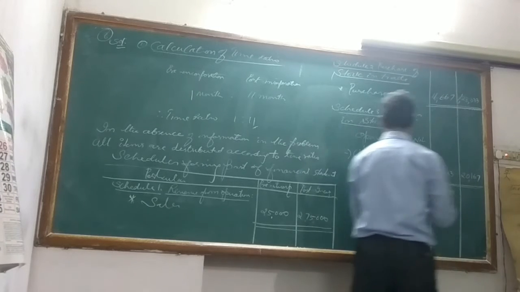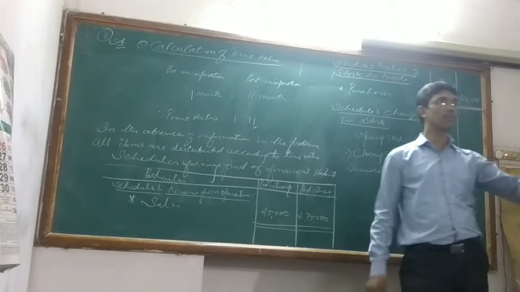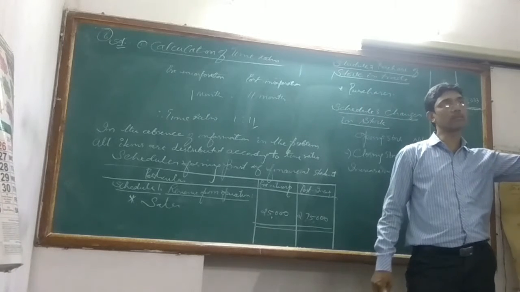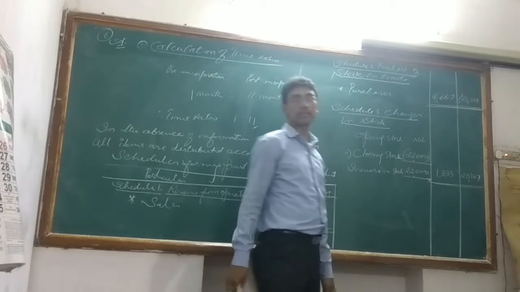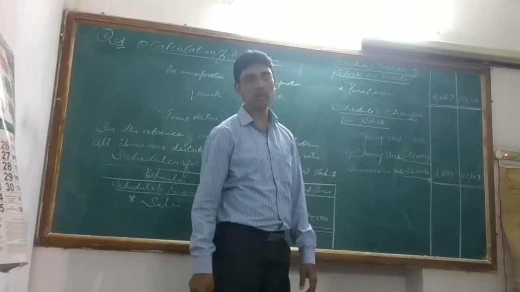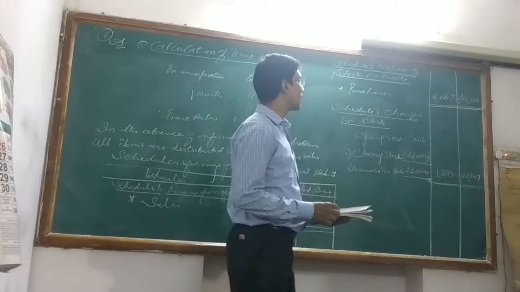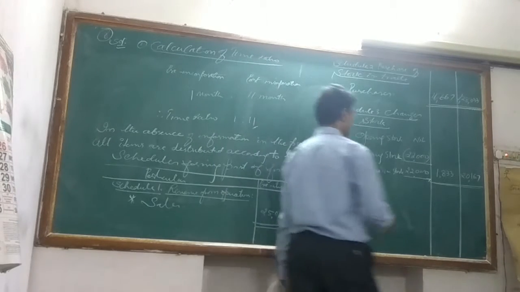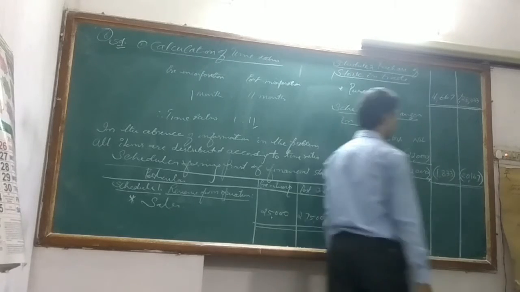What is this? It is an increase in stock. So while preparing the main statement, increase in stock should be deducted. So we have to deduct 1,833 and we have to deduct 20,167.